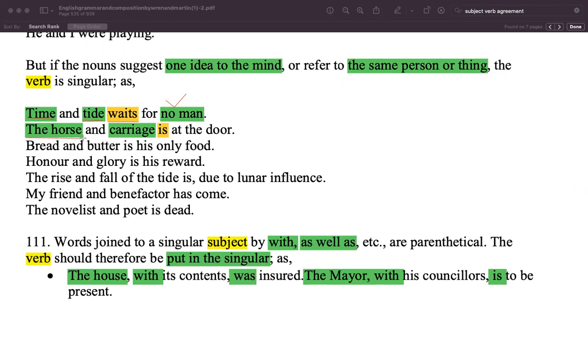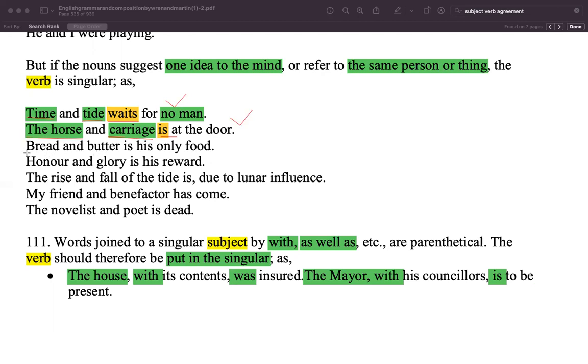Similar to that: "The hearse and the carriage is at the door." Though we find two objects joined by "and", they produce one idea. What is their job? Their job is to take somebody.